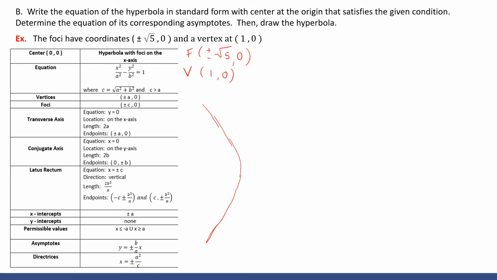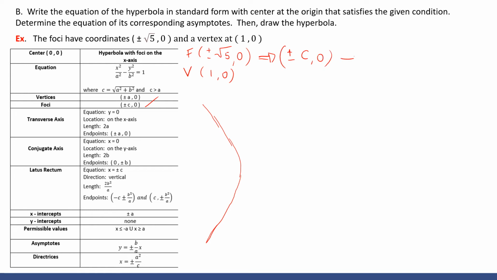Kung titingnan niyo yung pattern, since center siya at the origin, ang titingnan yung pattern ngayon ay yung may foci na plus minus certain value and then 0. And that is under hyperbola with foci on the x-axis. Ibig sabihin, ang sinusundan yung pattern dito ay plus minus c, 0.